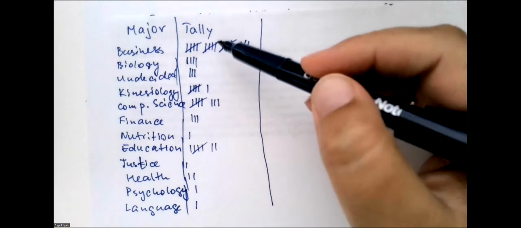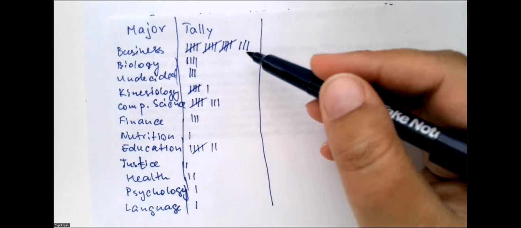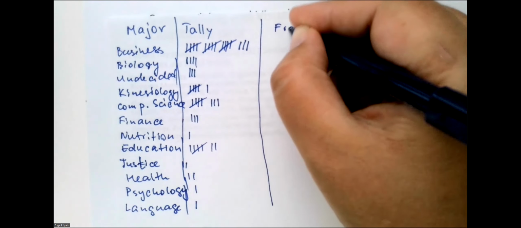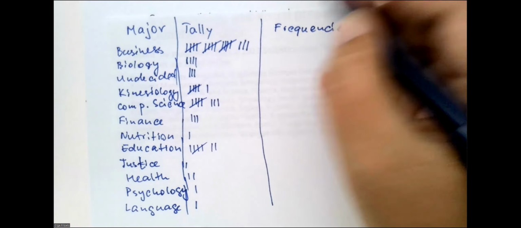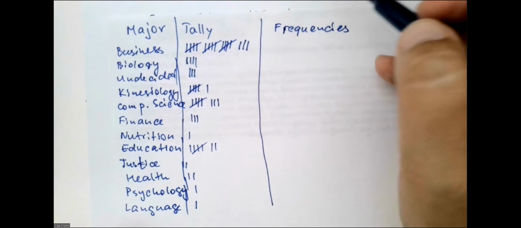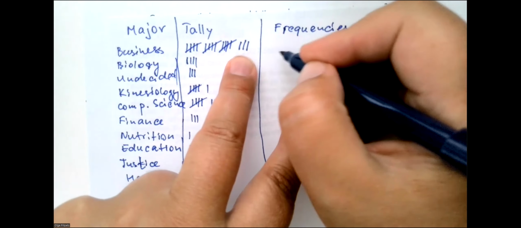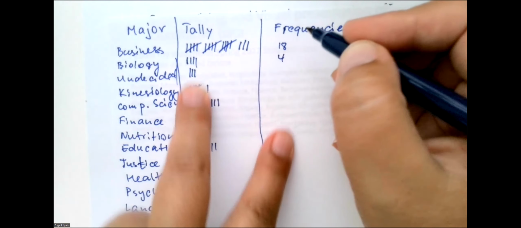then I have tallies. So now I can count how many occurrences of each do I have. We're gonna call this frequencies in this class. So those are frequencies. So for business, I have 18. For biology, there is 4.